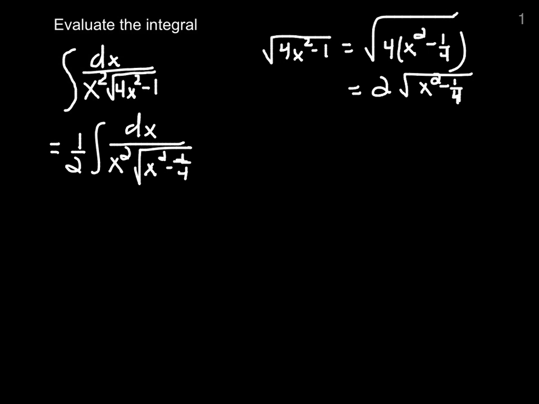Okay, great. So it's in the form of x squared minus a squared. That's to let x equal a secant theta. So we're going to let x equal 1/2 secant theta.